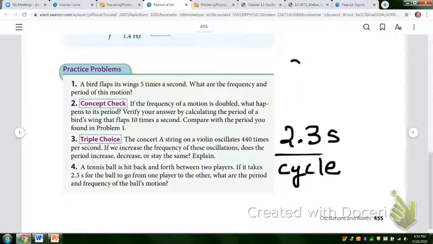Well, frequency is the reciprocal of the period, so that would be 1 over 2.3, in hertz, and you would type that in the calculator because it's not considered acceptable to leave a decimal within a fraction. So 1 divided by 2.3 comes out to be 0.43. So that would be 0.43 hertz.